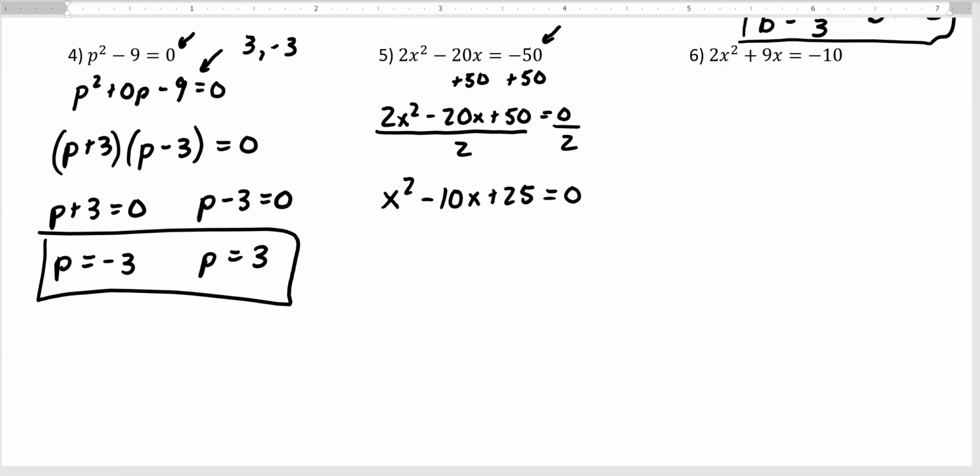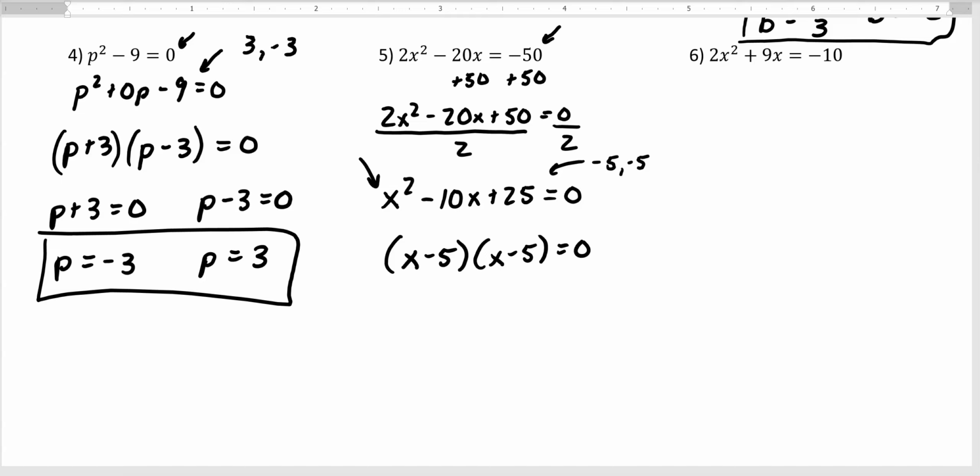Now we can factor with a leading coefficient of 1. I need two numbers that multiply to 25 and add to negative 10. Those would be negative 5 and negative 5. Negative 5 times negative 5 is 25, and negative 5 plus negative 5 is negative 10. So I find x minus 5 times x minus 5 equals 0.